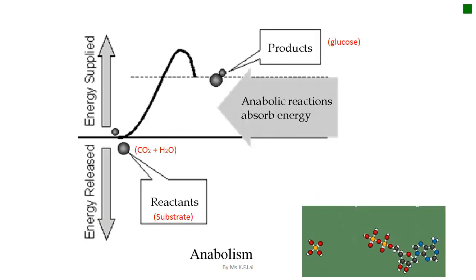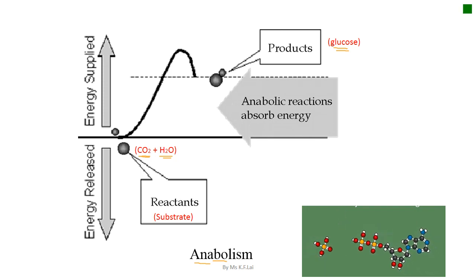Another example is anabolism. Anabolism is linking small molecules together to form complex molecules. In this case, we have the CO2 and H2O, which are of low energy level. They will change to glucose, which is of high energy level.